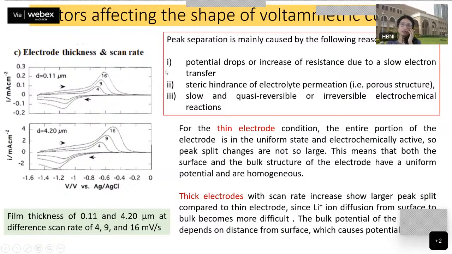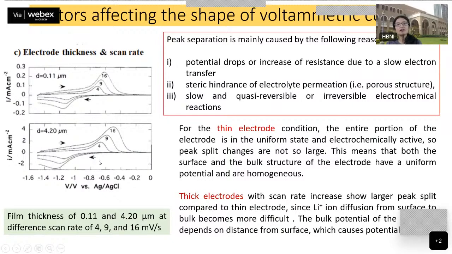Then the shape of the CV plots also depends a lot on the electrode thickness as well as on the scan rate. If you have a thin electrode condition, then the entire portion of this electrode is in uniform state and electrochemically active. So the peak split changes, but it is not so large. This means that both the surface and the bulk structure of the electrode have a uniform potential and are homogeneous.